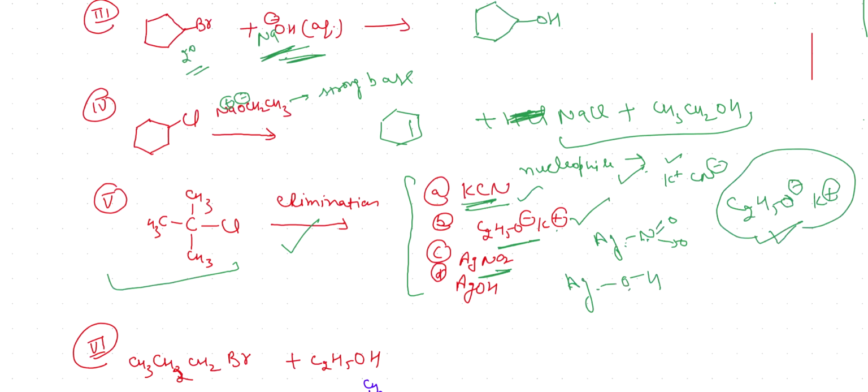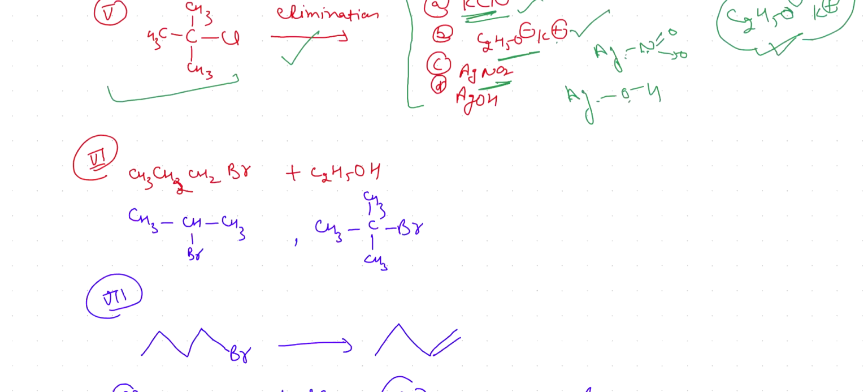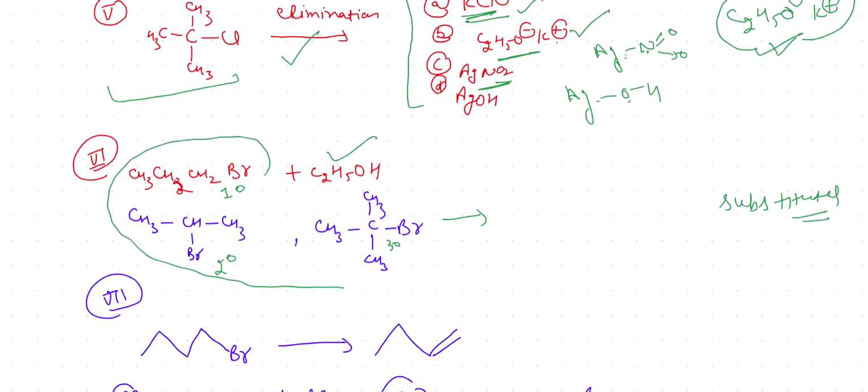Okay, let's discuss another example. We have been using primary alkyl halide, secondary alkyl halide, and tertiary alkyl halide, and the requirement is that we need the substituted product using ethanol, which is another reagent. Out of these three reactants, which would more easily give the substituted product? This is our main question.